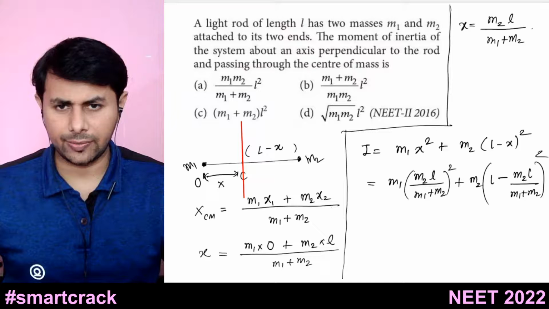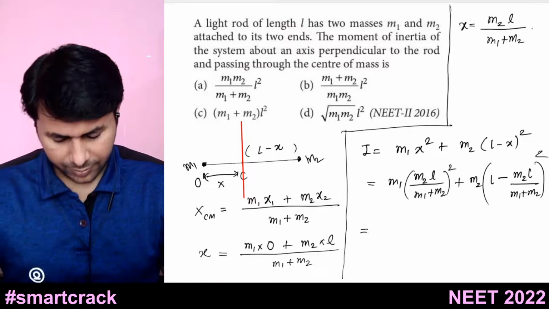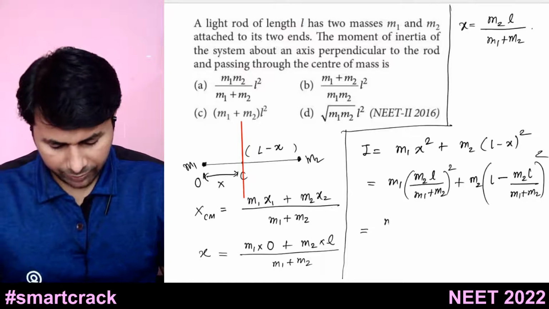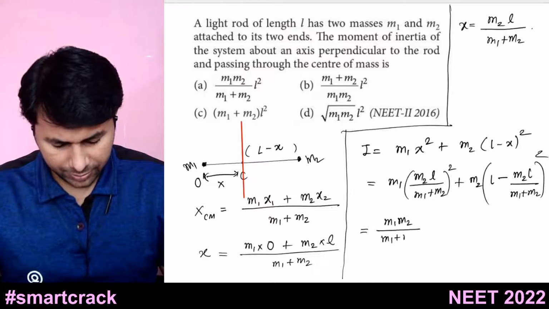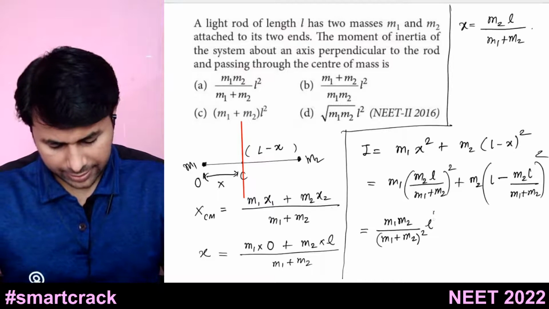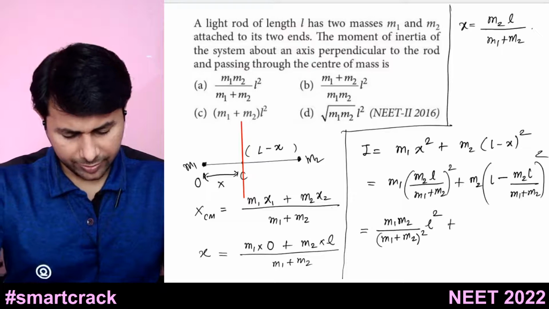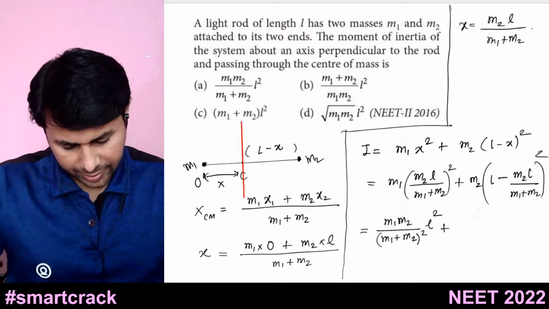It's not going. Yeah. So it is m1 m2 upon m1 plus m2 square into L square. That's the first term.